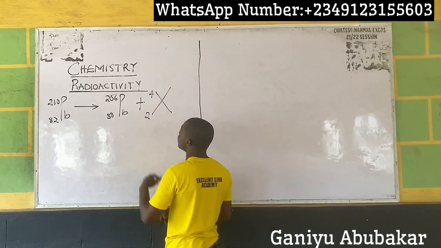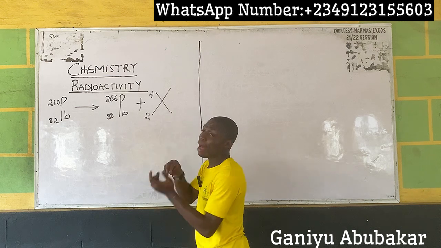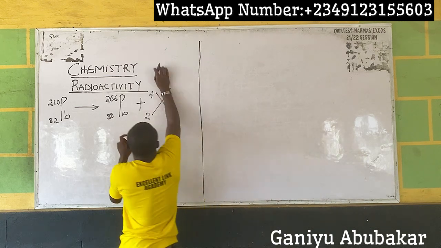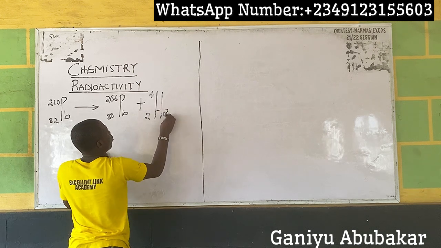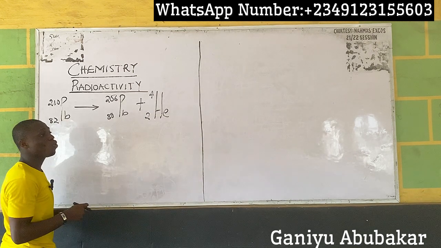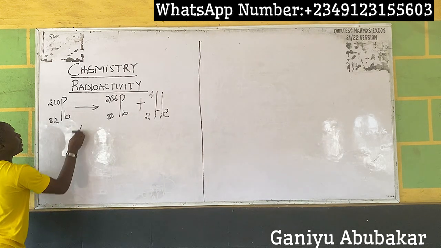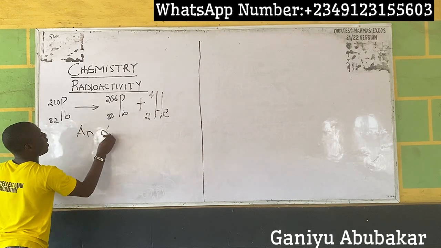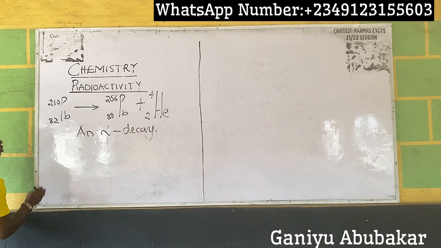Which element has atomic number 2 and mass number 4? Of course, this is helium, He. It being helium means this equation undergoes an alpha decay. That's option A, an alpha decay. All right, example 1 done.